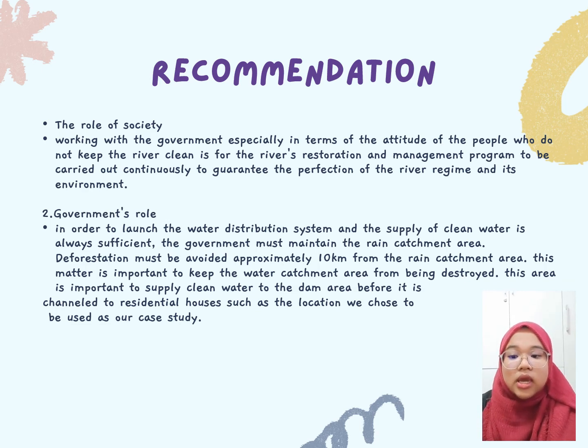With this, we can ensure that the community is more efficient when using water. The process of cleaning the river from pollution elements will cost a lot of money. The government should take the initiative to clean the river. Indirectly, the quality of the distributed water supply will be guaranteed and safe to use.